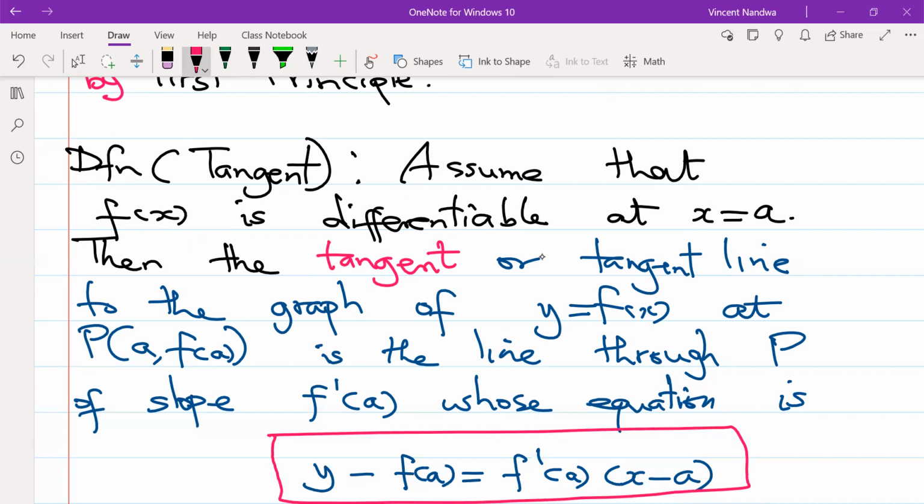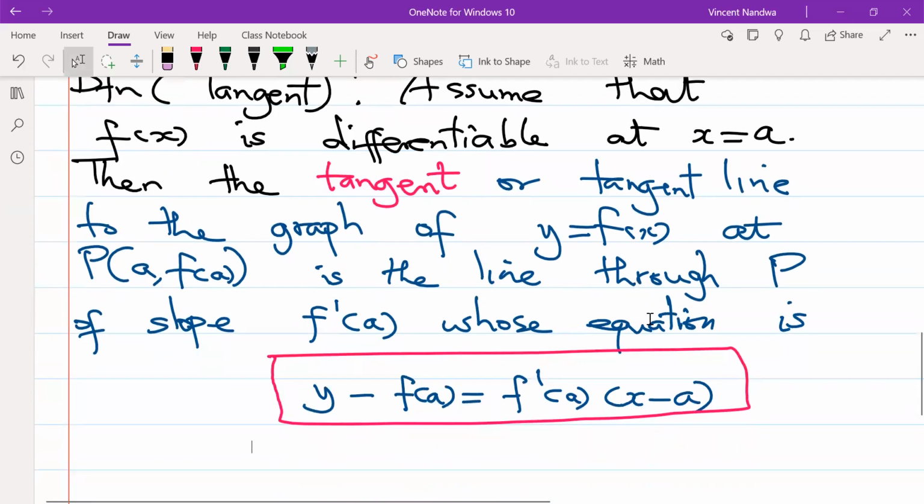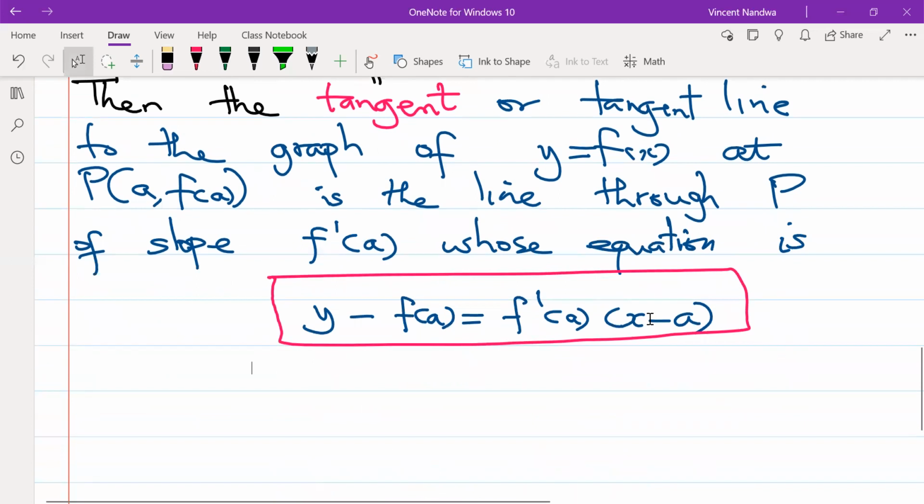If you remember from your high school work, a tangent is simply a straight line which touches the curve at one point. That was from simple interpretation.